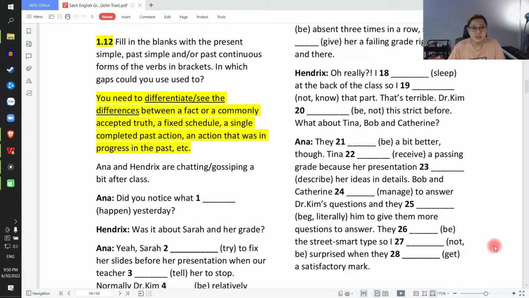So this exercise tests your ability to differentiate between different scenarios, different situations. Cái bài này nó sẽ test cái khả năng mà các bạn có thể nhận ra được những cái tình huống khác nhau.